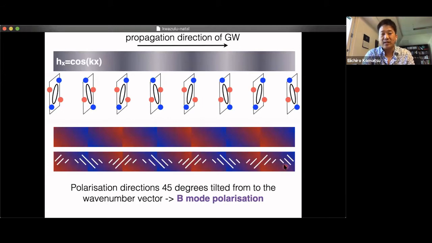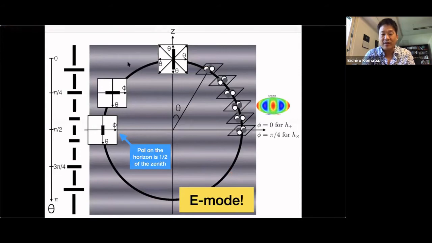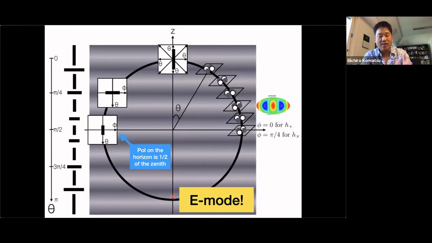Let's put this into a different context. So let's say you are in the center here. This is the surface of last scattering. This is where CMB photons come from. There's a plane wave in the universe. Okay, this is the gravitational potential. Let's say this is the gravitational wave going above. Okay, so there's a gravitational wave going from below to above.